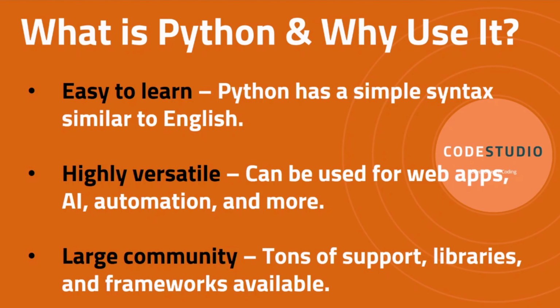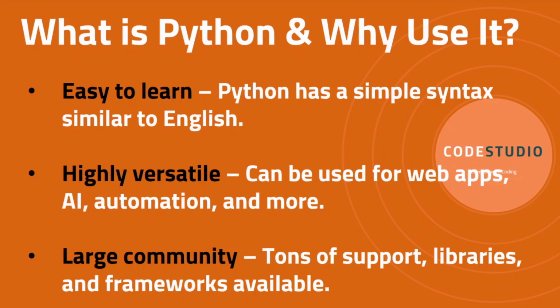So what is Python and why use it? Python is a high-level interpreted programming language known for its simplicity and readability. It is widely used in web development, data science, artificial intelligence, and many more. Now, why is it used in data science or artificial intelligence? The first point is it is easy to learn.